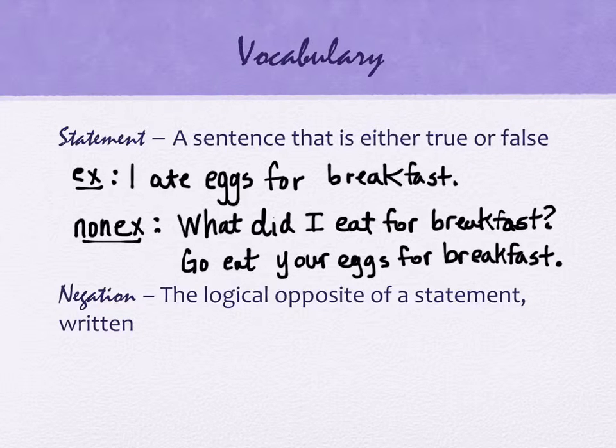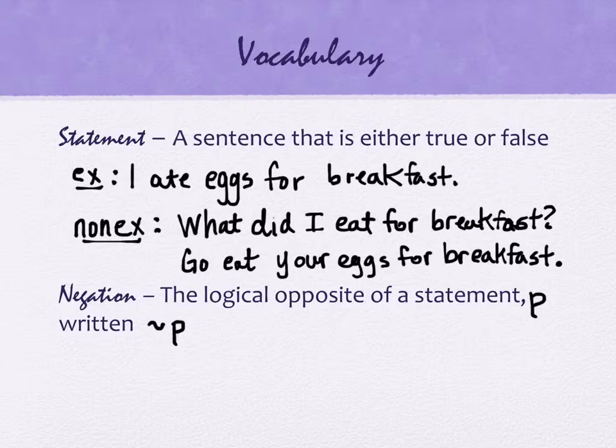All right, negation. A negation is the logical opposite of a statement. And it is written tilde P. So if the statement is written P, then the negation is written tilde P. Okay? It's the tilde part that makes you negate something.